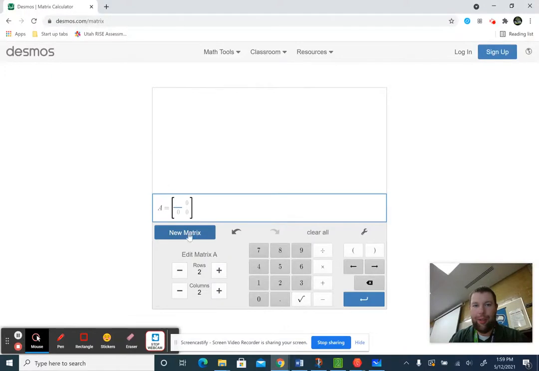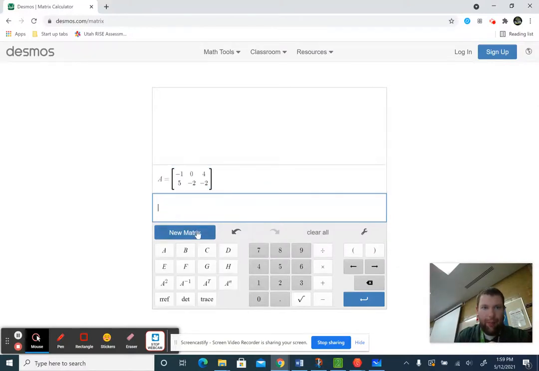So I need a new matrix, and it's going to be a 2 by 3. So 2 by 3, and it was negative 1, 0, and 4, and 5, and negative 2, and negative 2. Okay, that's my first matrix.